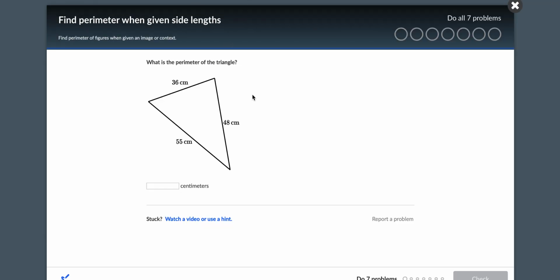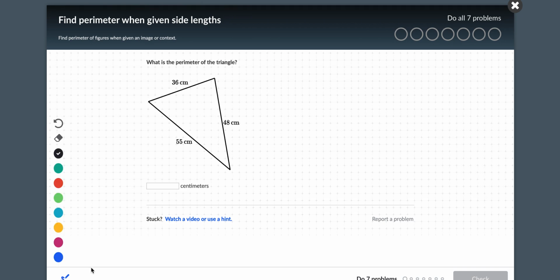All right. And so, what is the perimeter of this triangle? For this one, it's pretty simple. Remember, perimeter itself is just the sum of all sides.